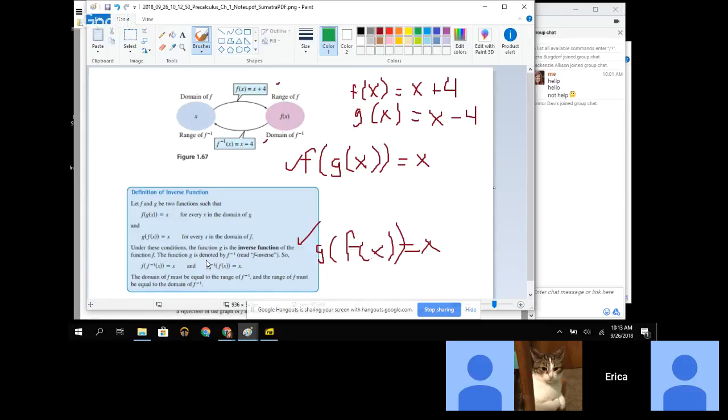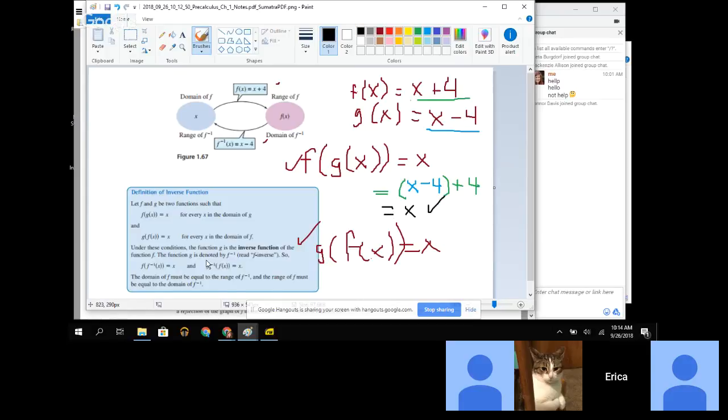So really quickly, f of g of x: f is x plus 4, and g is x minus 4. So when we combine those together, x minus 4 plus 4 just gives us x.